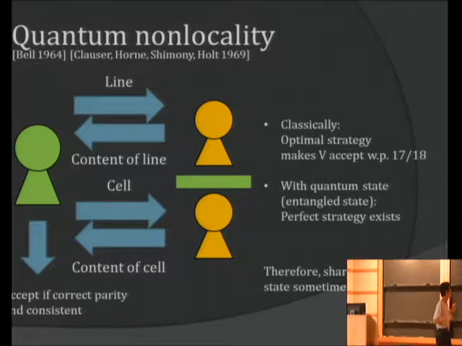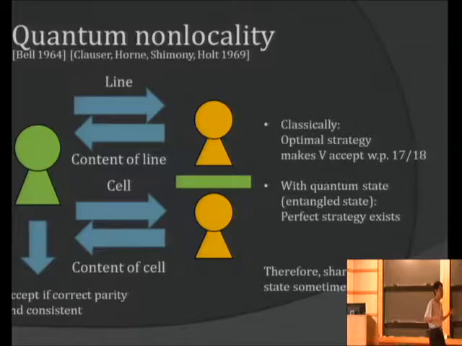So this was a big surprise to physicists in the 60s. This example is a newer example, but there were examples showing this fact in the 60s, and this phenomenon was studied in physics.